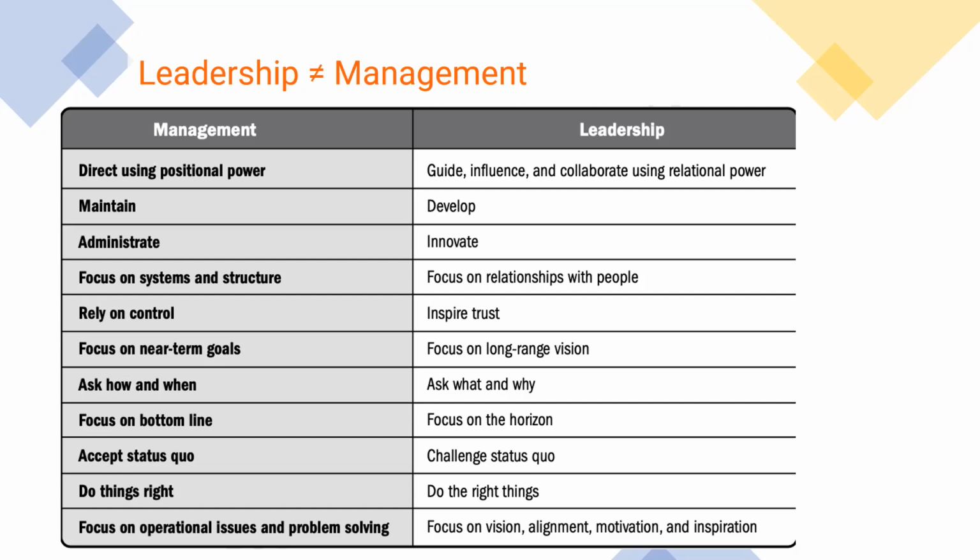However, on the flip side, a leader does the right things. What is right to be done, he goes ahead and does it, not in accordance with any template that has been given to him. You can spend time and flip around the remaining other things and you would appreciate the differences between a leader and a manager.